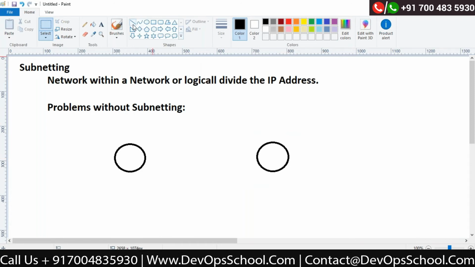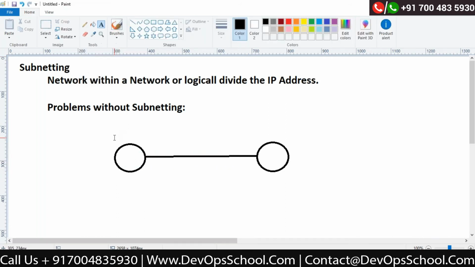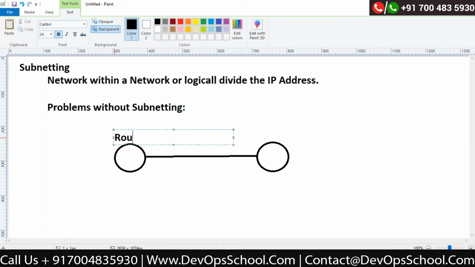I do have a connection between these two routers. So in a simple manner, I'm telling you what is a problem in an enterprise network.